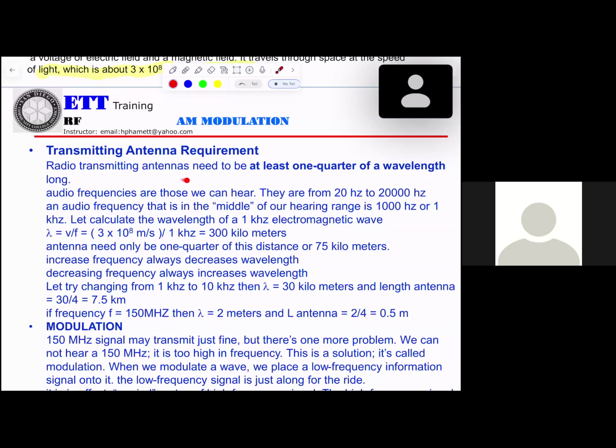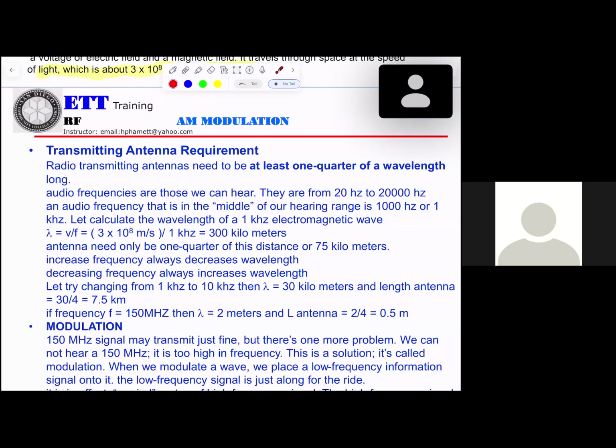Radio transmitting antennas need to be at least 1/4 of a wavelength long. Audio frequencies are those we can hear, from 20 Hz to 20,000 Hz.